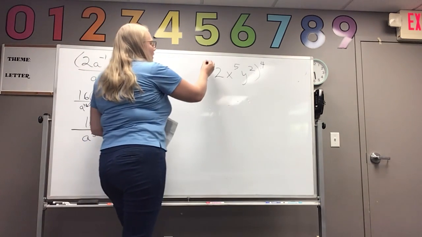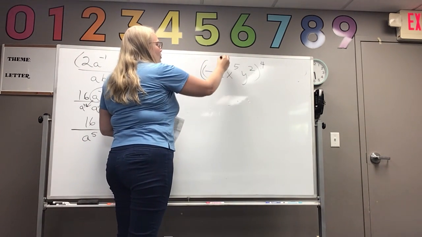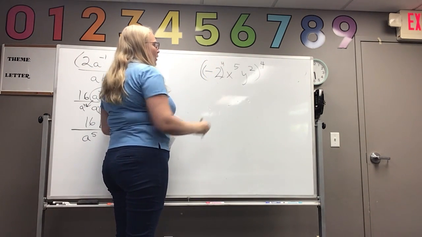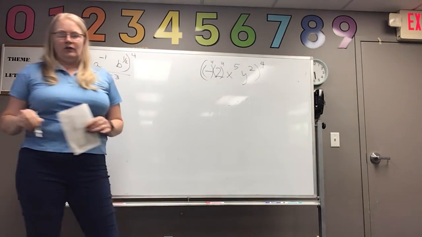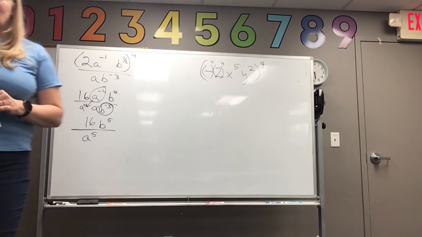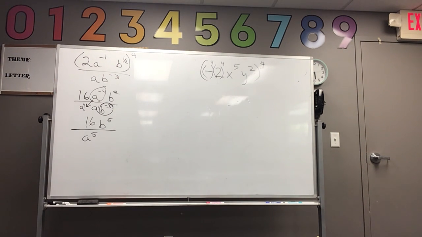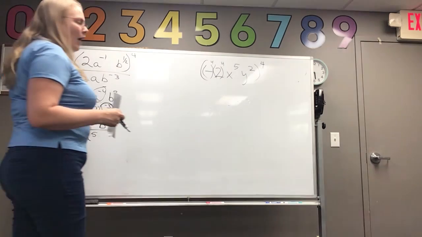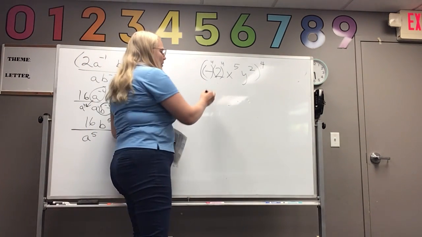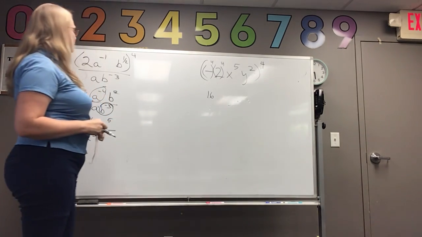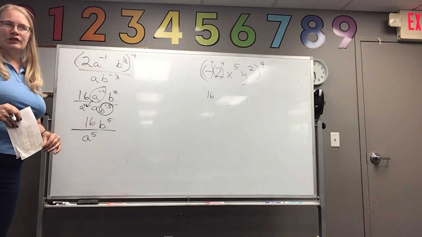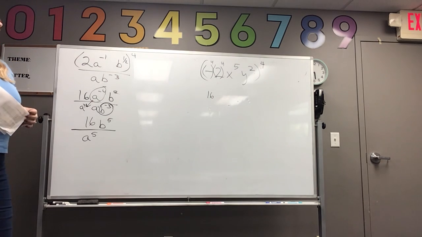Whether you see this as to the 4th power this way, or you see that negative going to the 4th on its own, either one is okay, but you need to recognize, oh, negative to an even power is going to become positive 16. And so don't forget to cancel out that negative sign.